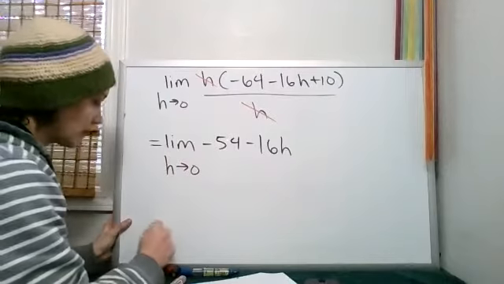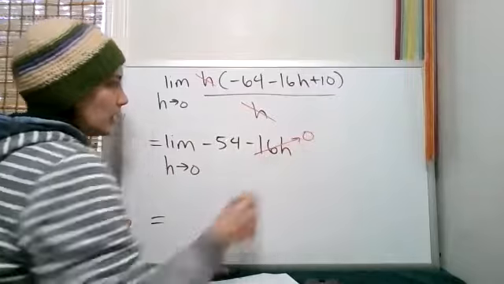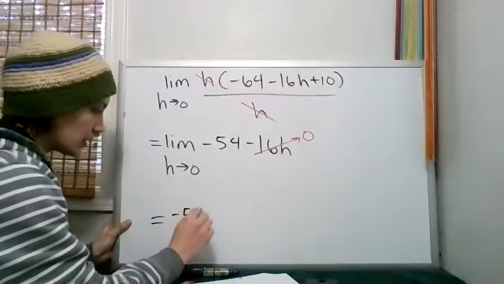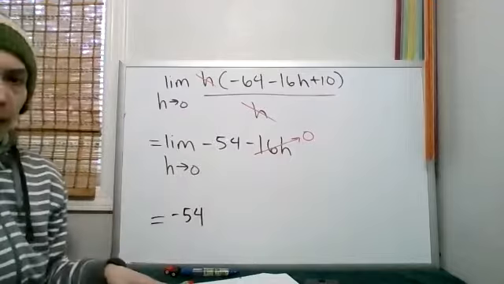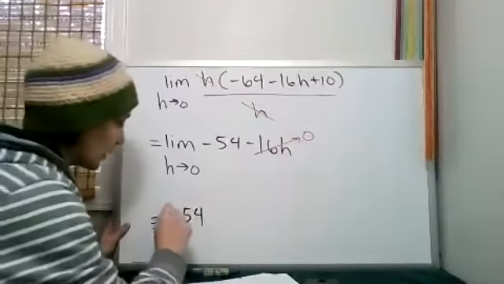And you do the limit. So this goes to 0, so that whole part is a 0, and negative 54 will be your answer. It's a velocity in feet per second.